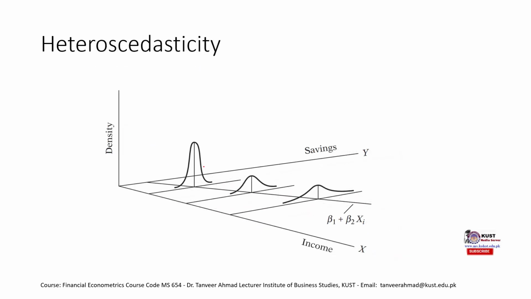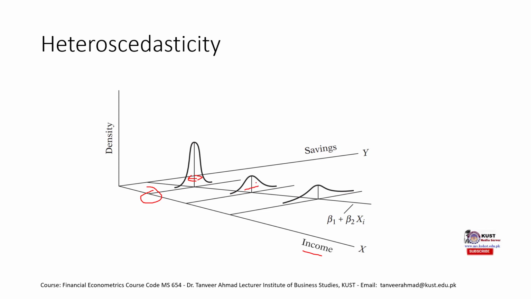As opposed to this, if you look at the same graph, now we can see that the spread is lower over here at this x value, at this level of income. When income is lower, the spread is lower. This is the level of saving. Some people would save less, some would save more, but as compared to other levels of income, the amount of saving is somewhat similar among the cross sections.